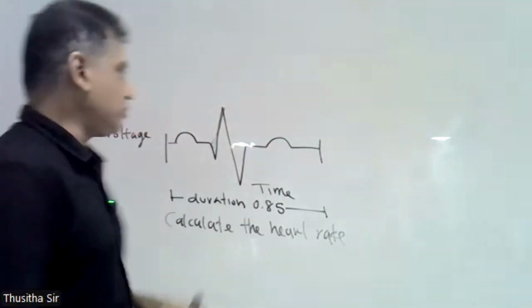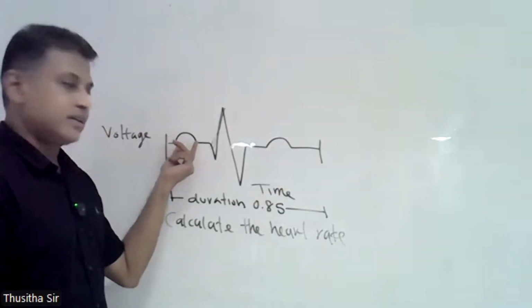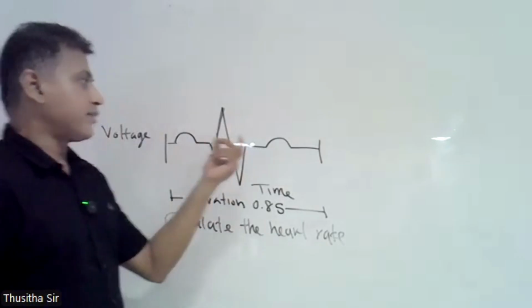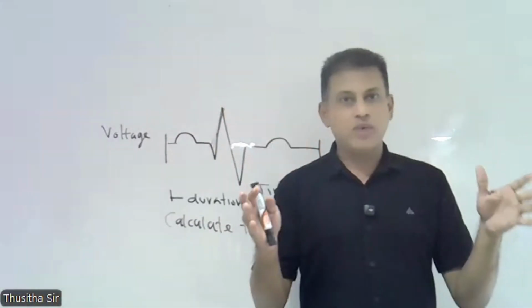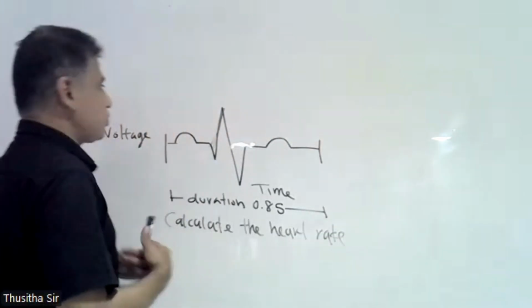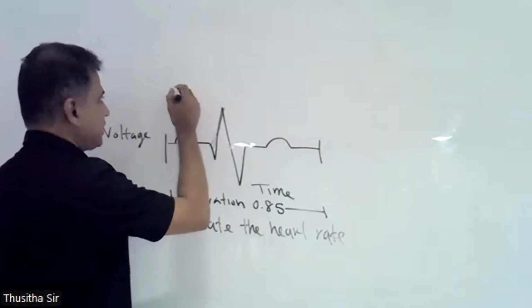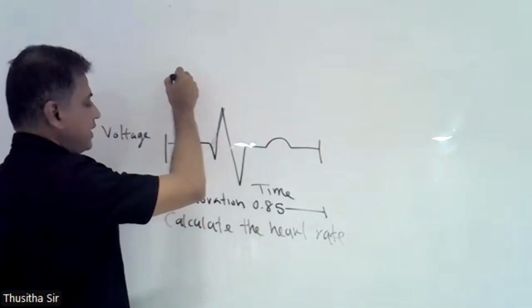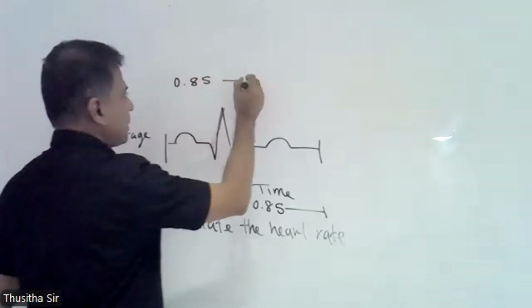Now that's one complete cardiac cycle, because the depolarization and repolarization represent the duration of one cardiac cycle. So if you want to find a logical way of doing it, the duration to complete one cardiac cycle takes 0.8 second.